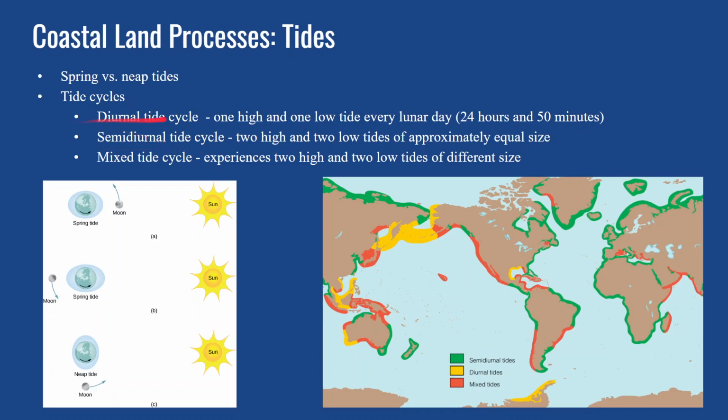Now, some parts of the Earth have a diurnal tide for various reasons, usually due to the layout of land masses. They'll only experience one significant high and low tide per day. And then other areas still will experience two high and two low tides per day, but one will be stronger than the other.